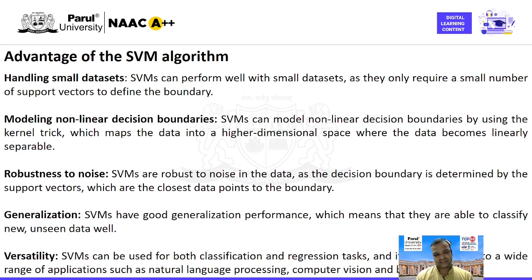Next one is robustness to noise. SVMs are robust to noise in the data as the decision boundary is determined by the support vectors, which are the closest data points to the boundary. Generalization: SVMs have good generalization performance, which means that they are able to classify new unseen data as well.